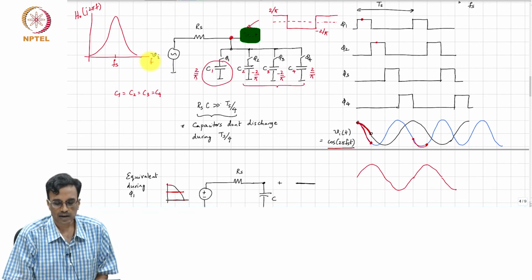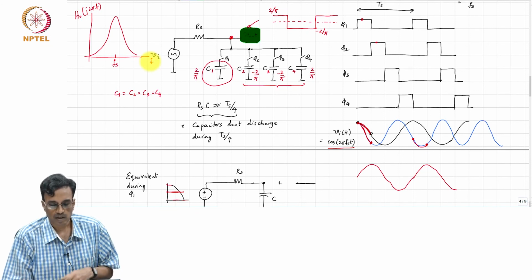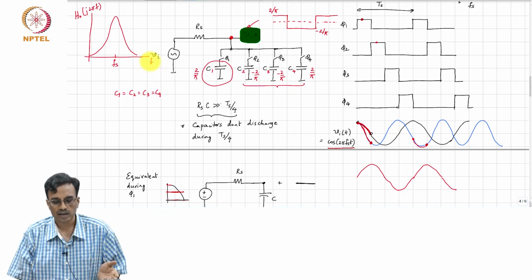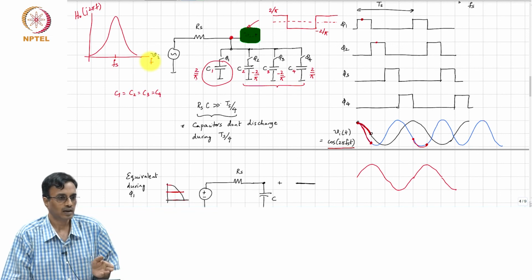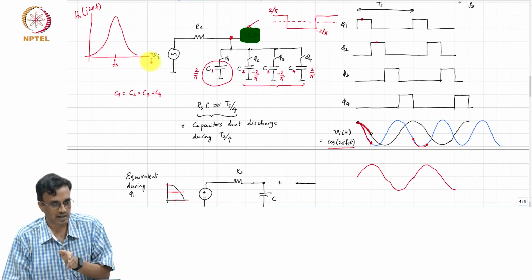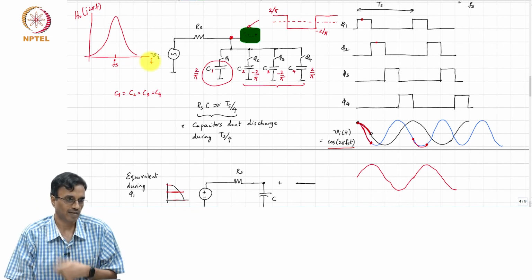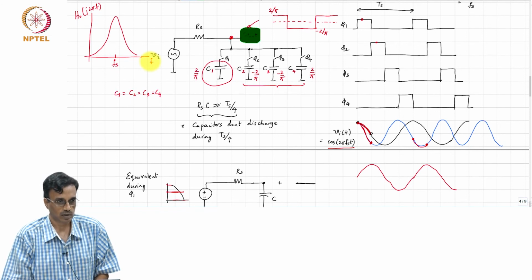And the next thing is that, as we have already seen, this is an example of a 4-path filter. That basically means that H sub 1, 2 and 3 will be 0, H sub 4 of j 2 pi f will be non-zero, right, and so on and so forth.